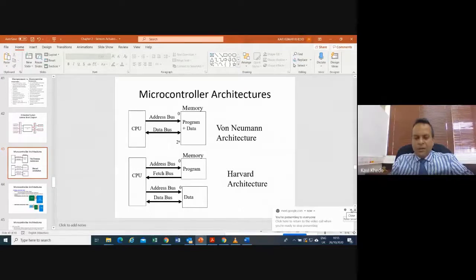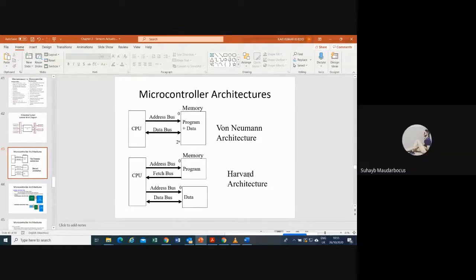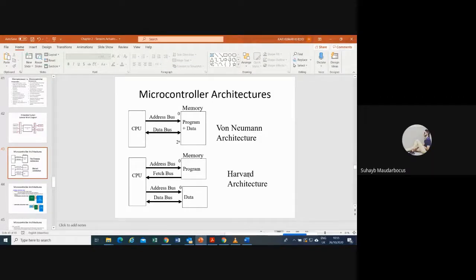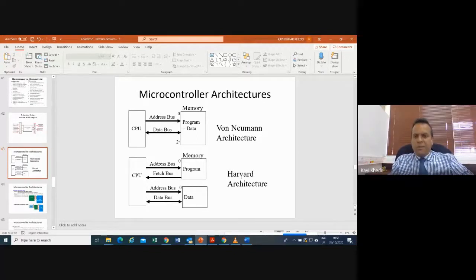Okay, I simplify your task. Normally Harvard architecture has got an edge. Having an edge means that it tends to be better in some sense. Can you explain to me how or why? Maybe in terms of processing time. Yeah, in terms of the performance, definitely.